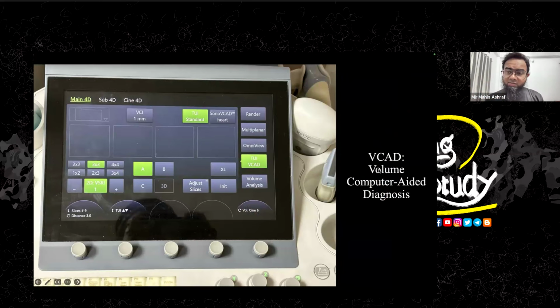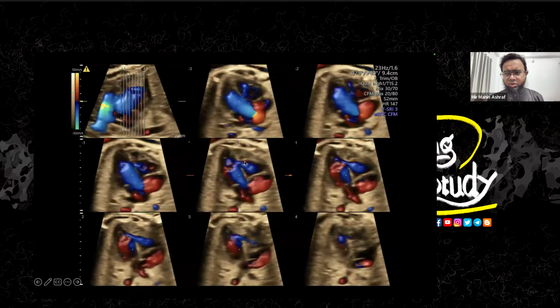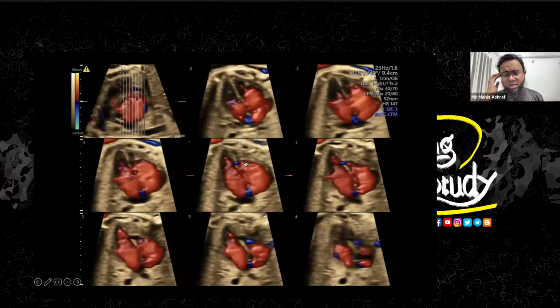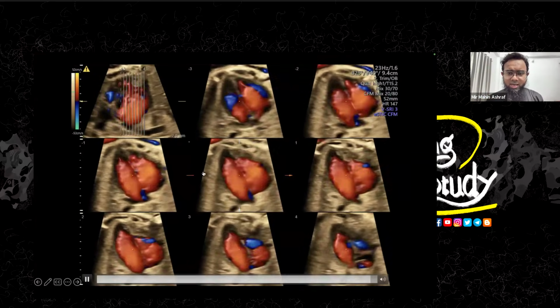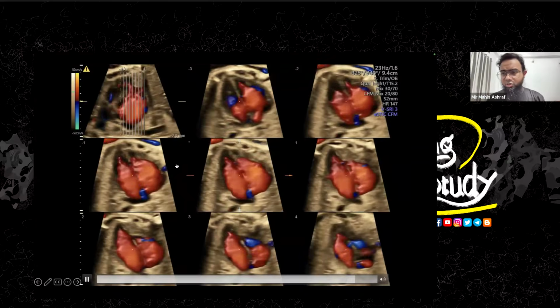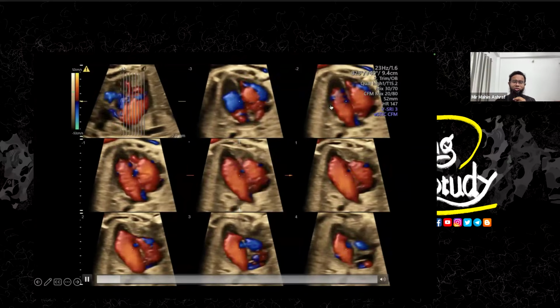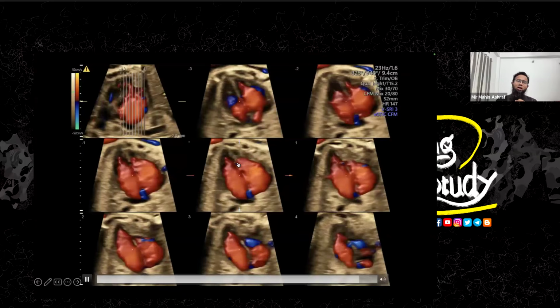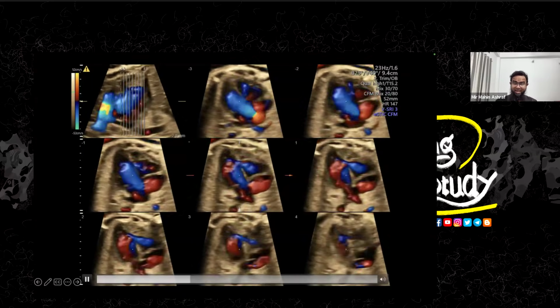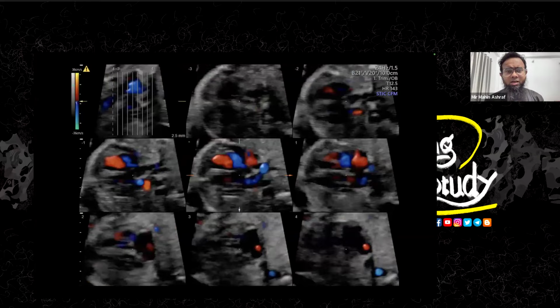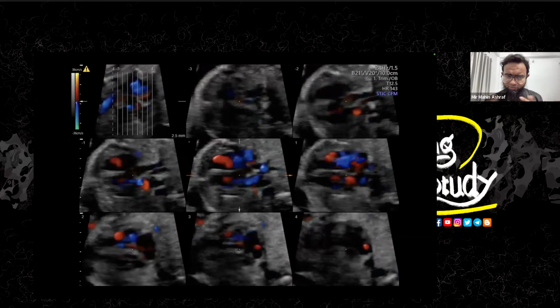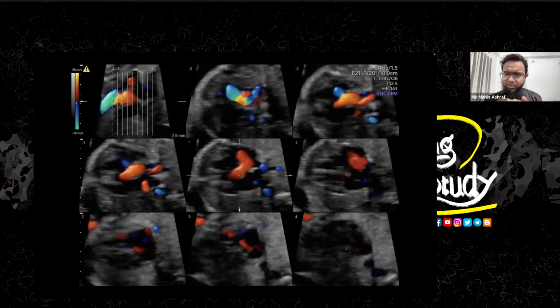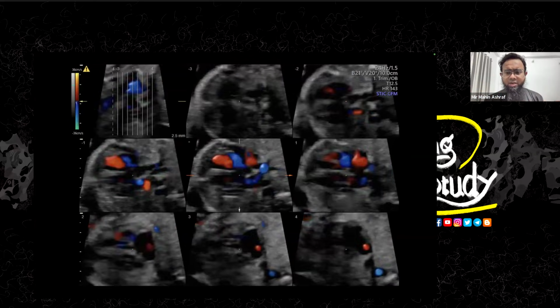And we have the volume computer aided diagnosis, that is the VCAD option, which we commonly use for the cardiac scan. So here we have just put the Doppler, we have chosen the area, and now you can see all the parts are shown in axial sections, and you can see the ventricular septal defect here with just a single scan. So AI is being used for detecting the lesions and the measurements nowadays.